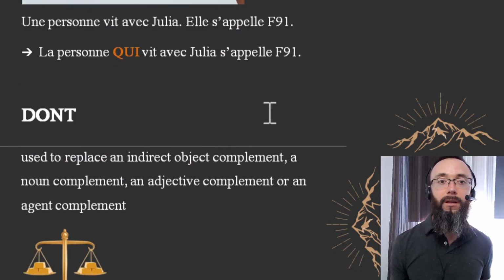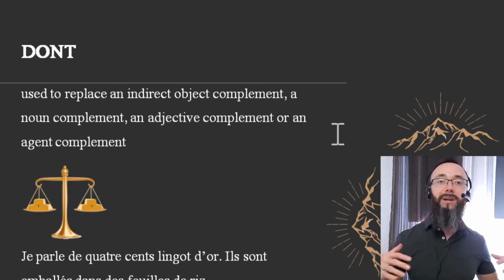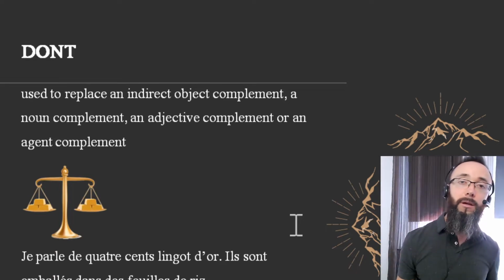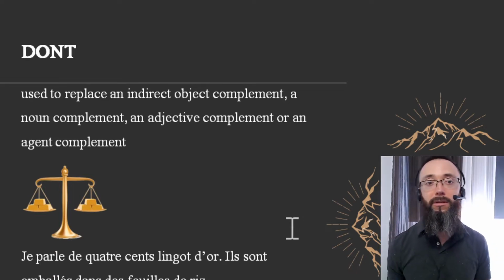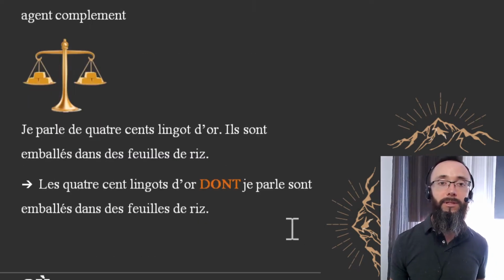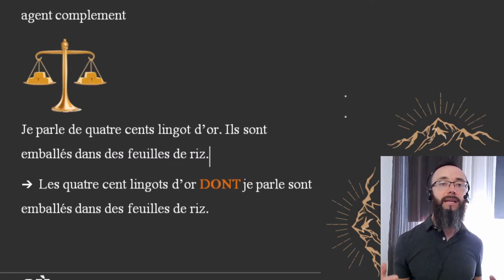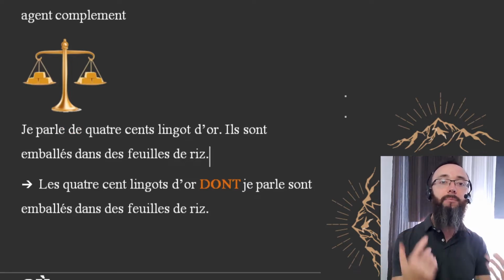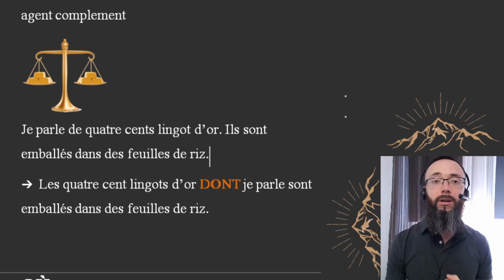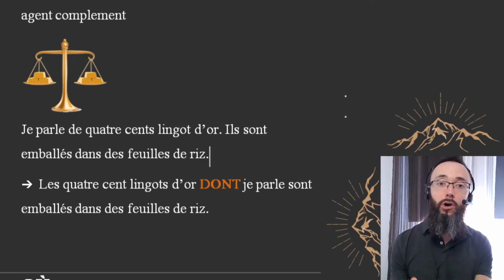All right. Dont. Dont is used to replace an indirect object complement, or a noun complement, or an adjective complement, or an agent complement. That's a lot of times that I said the word complement, but it's better illustrated in a sentence, because when I say that I bought 400 gold bars, je parle de 400 lingots d'or.